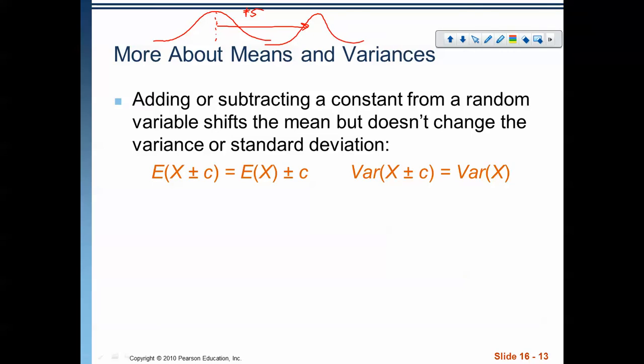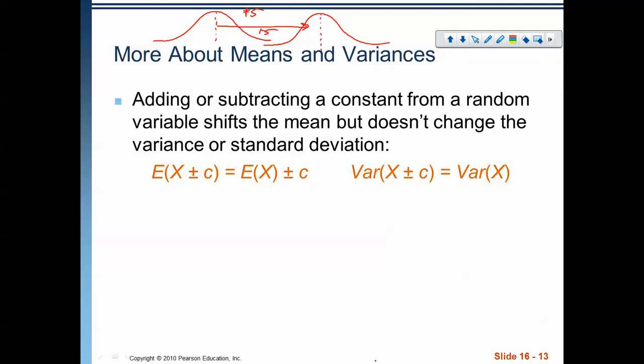If I added 5 to everything here, the distribution should look the same, but shifted to the right by 5. So there's your plus 5 right there. The center changes, it moves the same amount that you added, plus 5. But the variance, the spread, did not change.